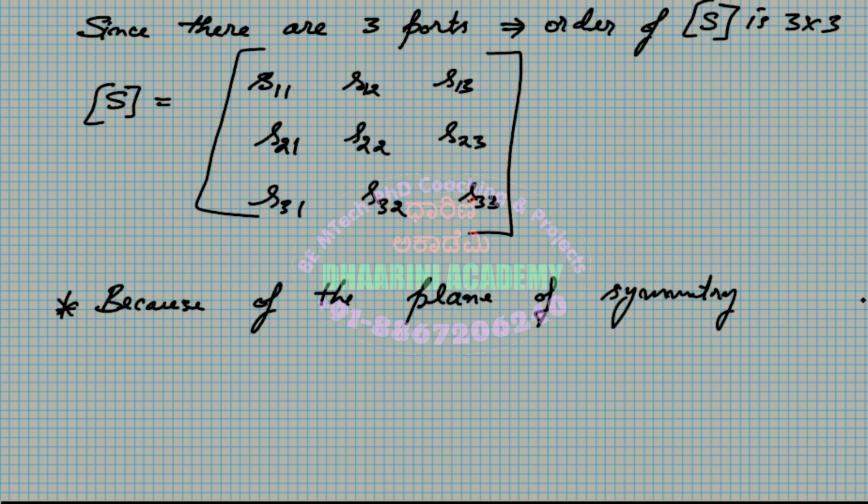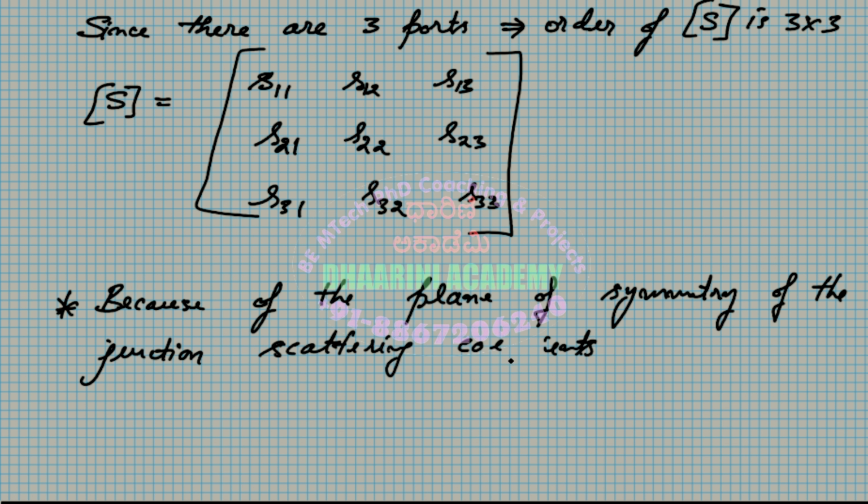Because of the plane of symmetry of the junction, the scattering coefficients S13 and S23 must be equal.